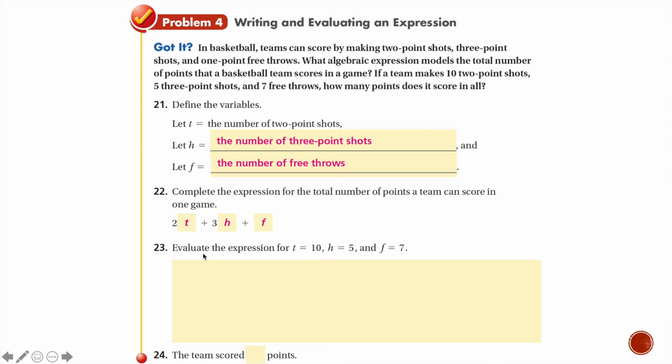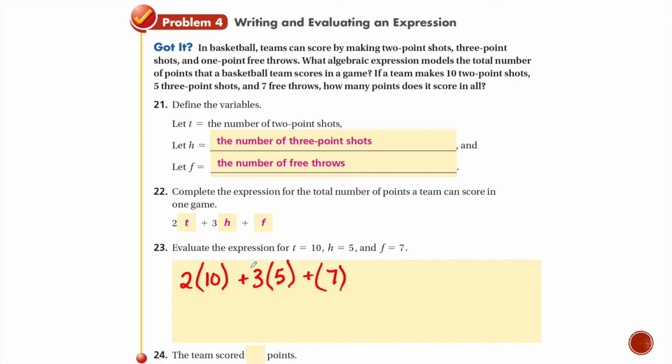Well, using the information that we were just given, I'm going to plug everything in. We have a 2 times t, but our t is 10, so we're going to put 10. Plus a 3 times our h, which we are given 5, so I'll put a 5. And f was 7, so I'm going to add our f, which is going to be 7.